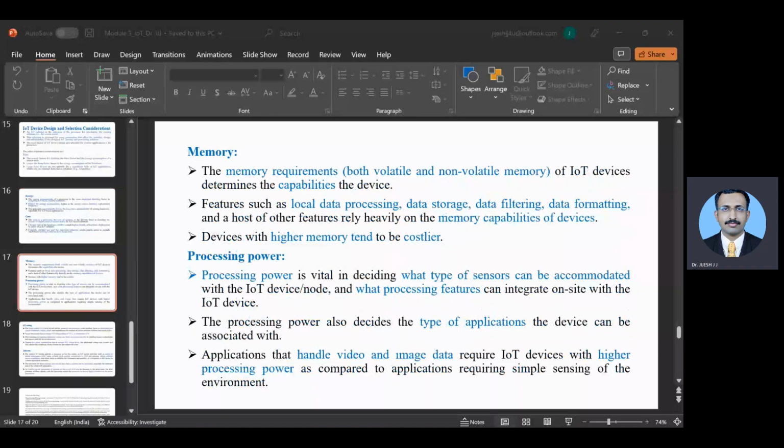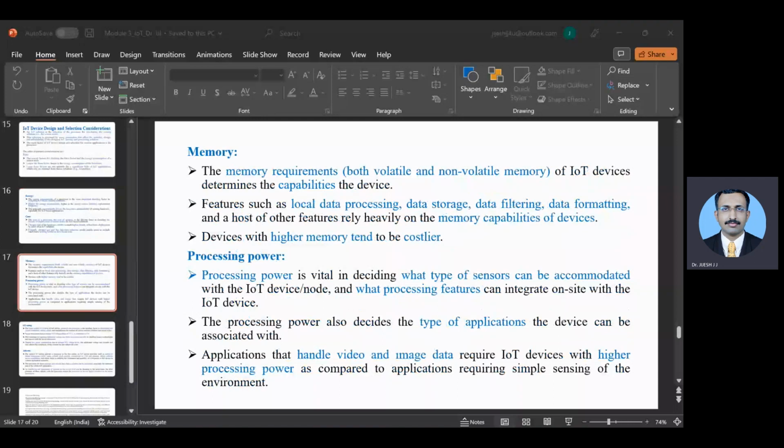Processing power means what? The speed of processing, that is, what type of sensor can be accommodated to the IoT node, what the processing features are, and it decides the type of application you are going for. Applications like handling videos and images need more processing capacity.